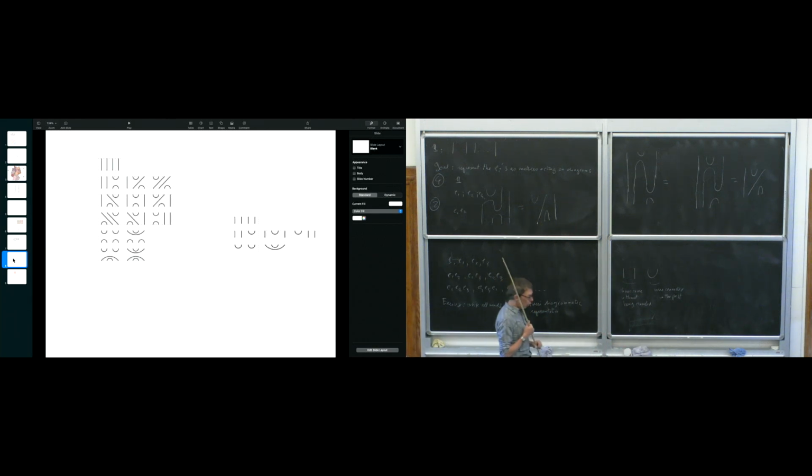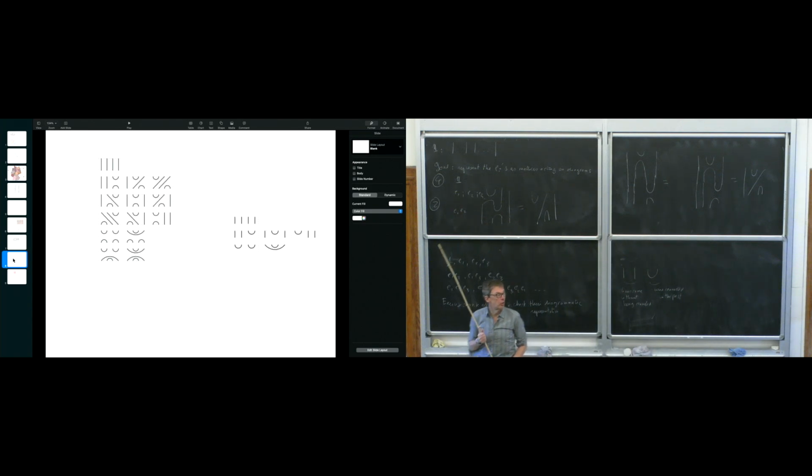How can you know that you have a loop? You know you have a loop if and only if the two strings were connected in the past, because then when you close them, you produce a loop. If you close these two, you're not going to produce a loop because they were never connected in the past. But if you close those two, then you're going to get a square root of q.